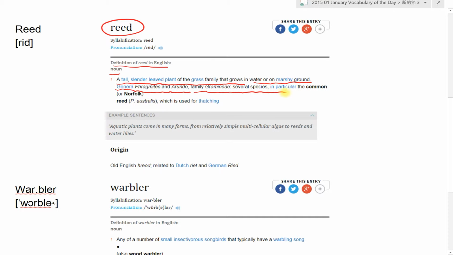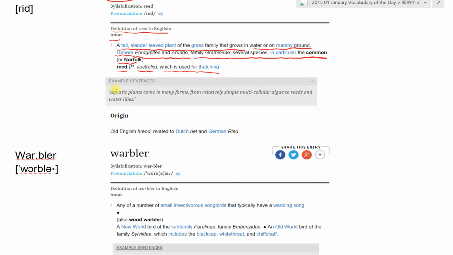Several species, in particular the common or Norfolk reed, Australis, which is used for thatching. Example sentences: Aquatic plants come in many forms, from relatively simple multicellular algae to reeds and water lilies. Origins: Old English riet, relative to Dutch riet and the German riet.